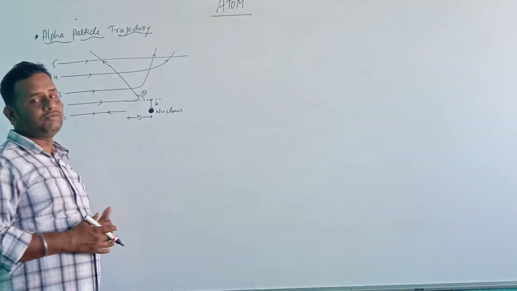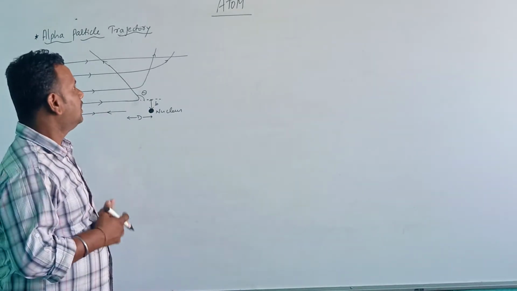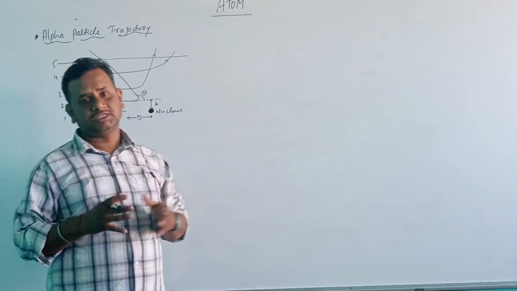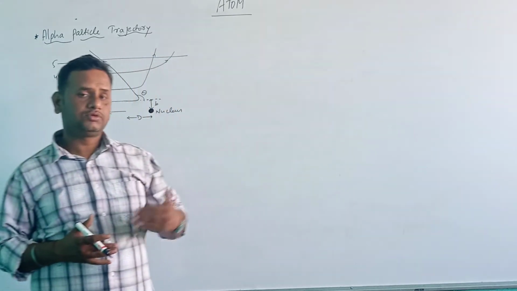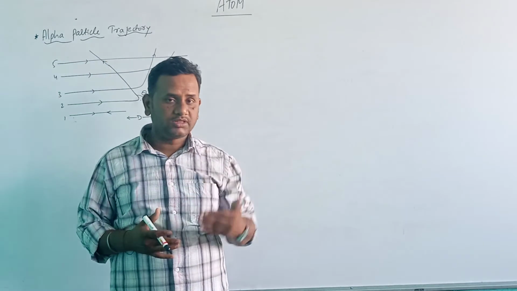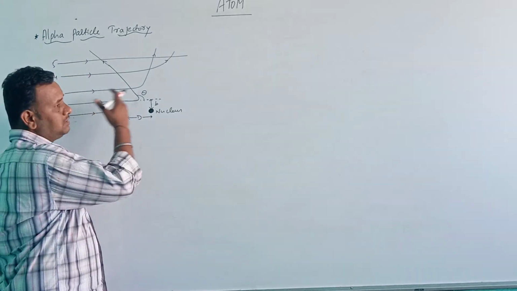From the alpha particle scattering experiment, we came to know that an atom is almost empty space, because in the experimental observations, many of the alpha particles are traveling along the straight line.